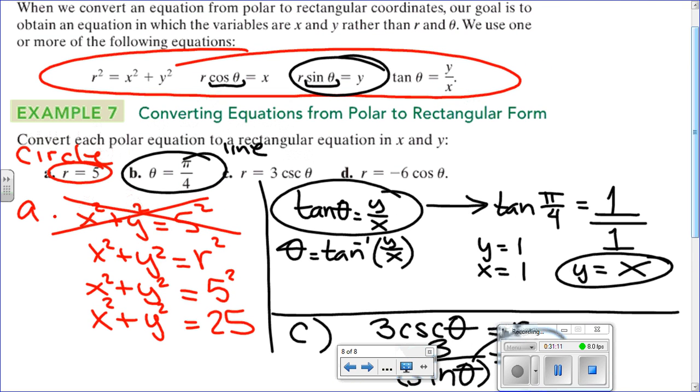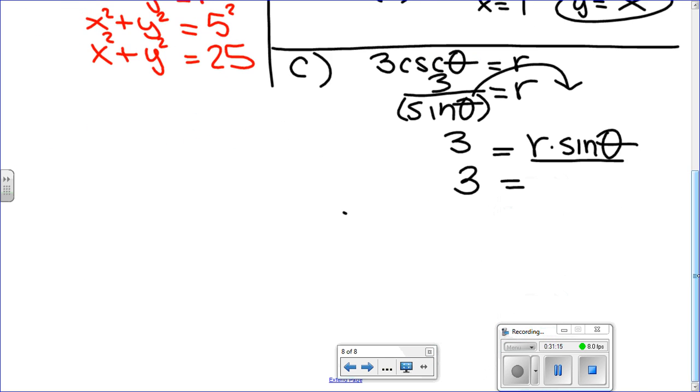Right here, it equals y. So we just replace that with a y. And so what kind of line will that give us? Vertical or horizontal? Well, all lines are straight, right? Well, not all, sorry, in Euclidean geometry. What would that give you? Horizontal or vertical? Horizontal, because sine is y.